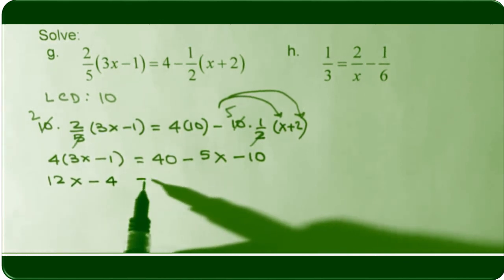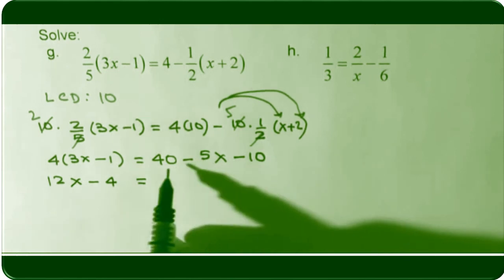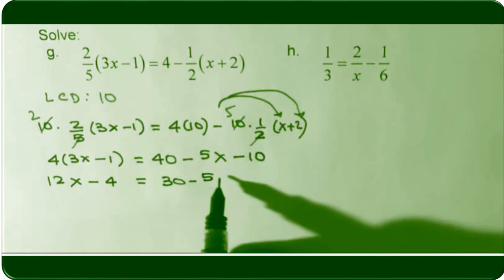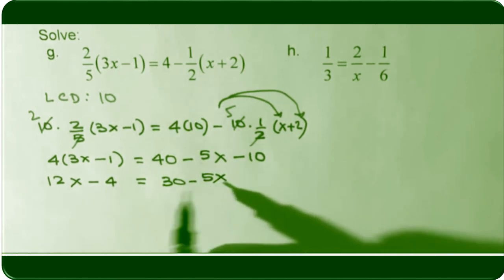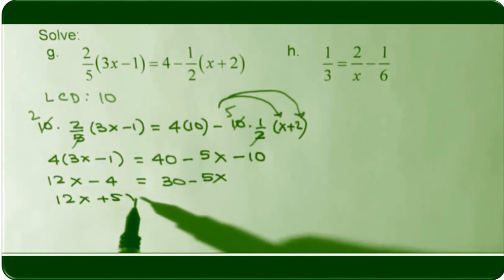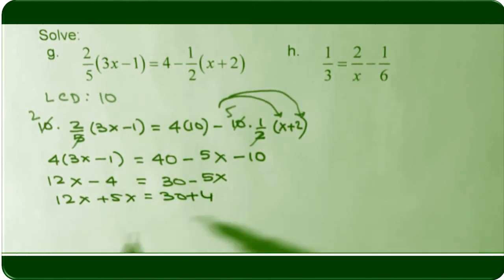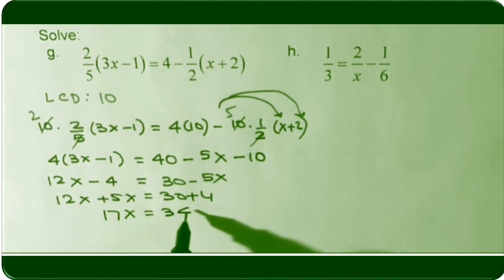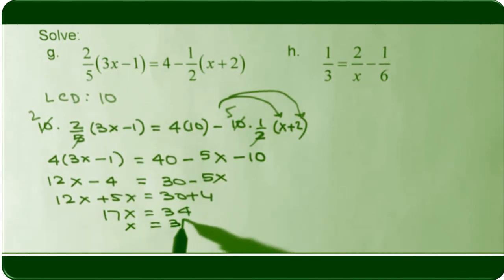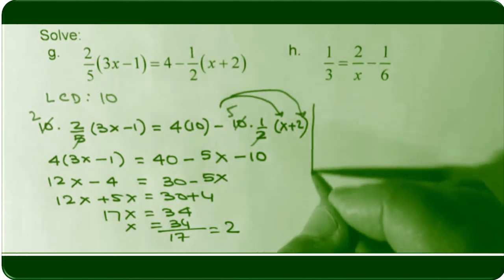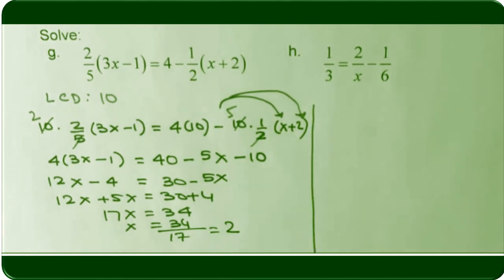So we get 12x minus 4 equals, let's combine them, 40 minus 10 is 30, minus 5x. Bring 5x to the left side. It is 12x plus 5x equals 30 plus 4, and that is 17x equals 34, or x is equal to 2. Perfect, so that is how you are going to solve it.